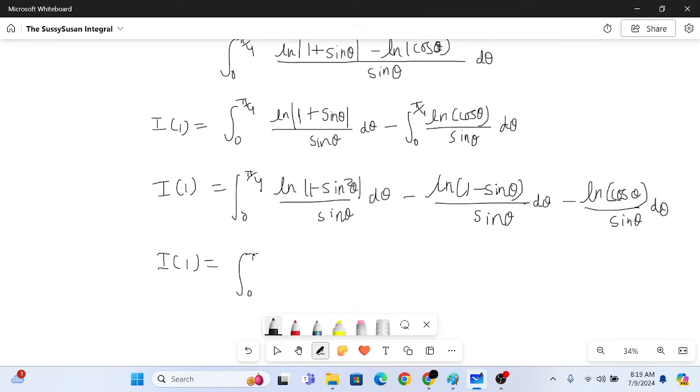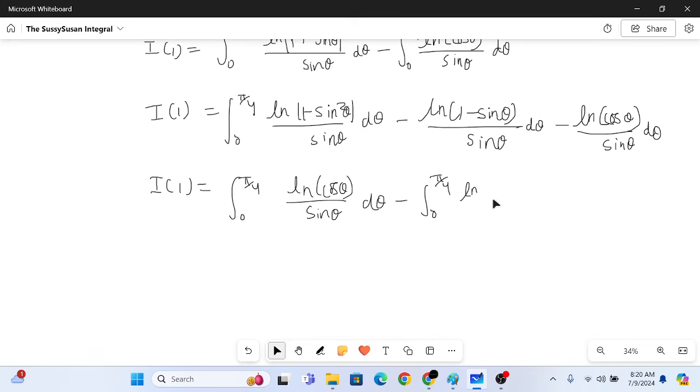So now this will be the integral from 0 to pi by 4, here is 2 ln cos theta, so one of them cancels out, and we just get ln cos theta by sine theta d theta, minus the integral from 0 to pi by 4 of ln of 1 minus sine theta by sine theta d theta.